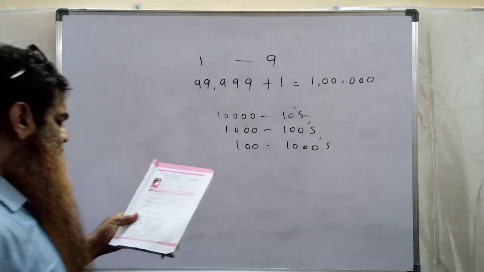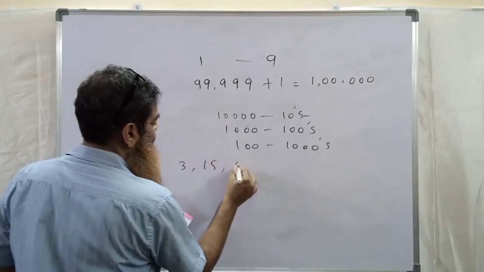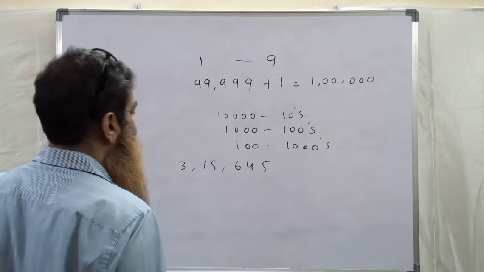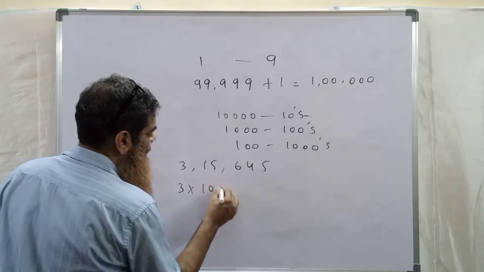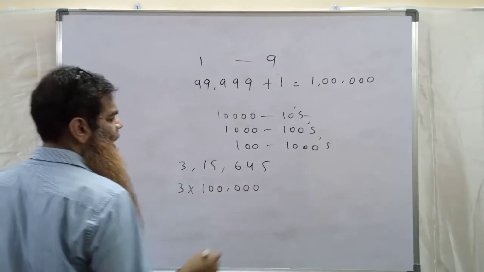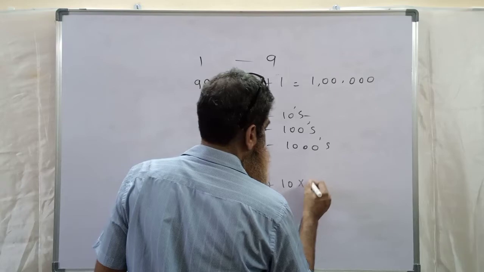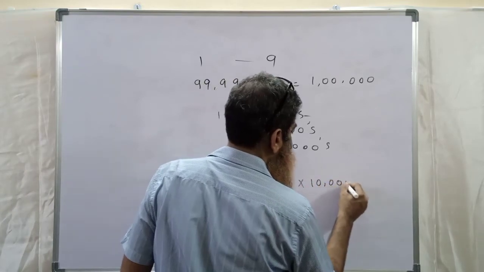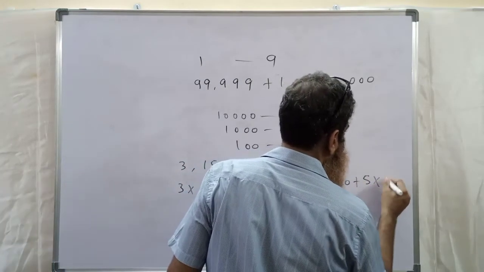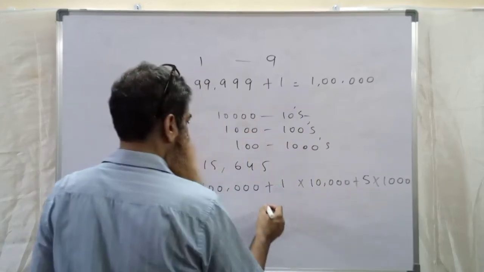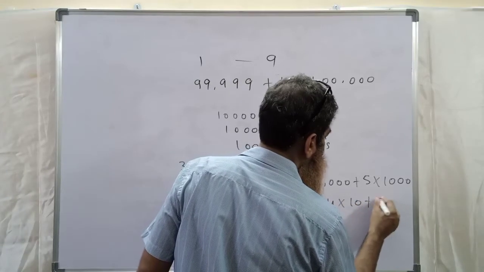Now let us take the number 3,15,645. Again, this is a 6-digit number. In the expanded form, we have 3 into 1 lakh plus 1 into 10,000 plus 5 into 1,000 plus 6 into 100 plus 4 into 10 plus 5 into 1.